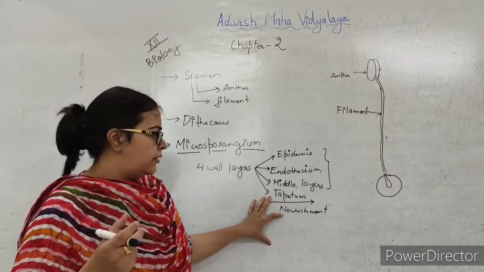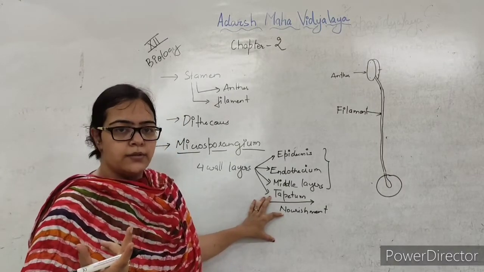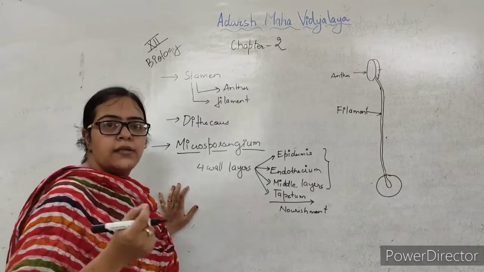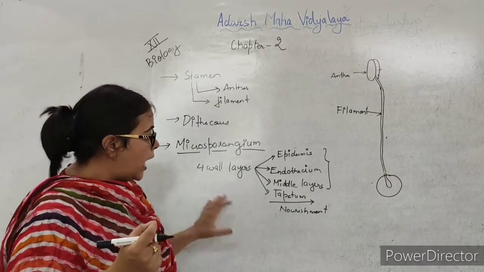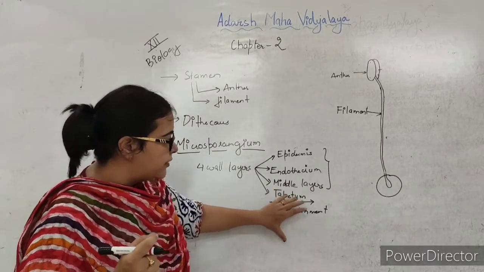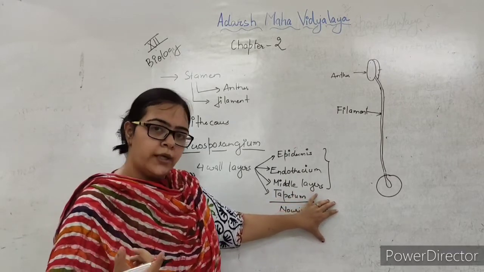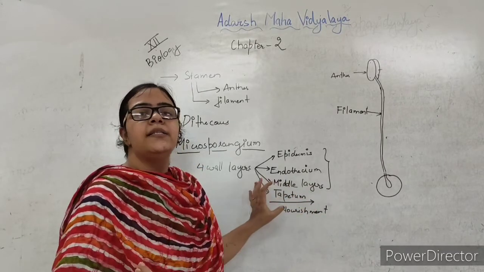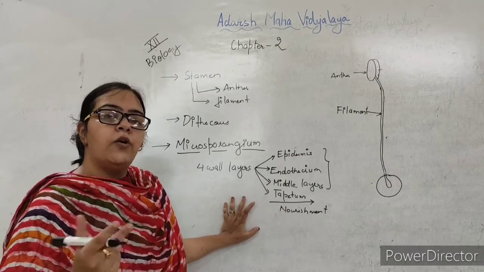That is, there can be many nuclei. So now, can you answer a question as how this tapetum cell after cell division becomes binucleate or multinucleate? How any cell will become binucleate or multinucleate?